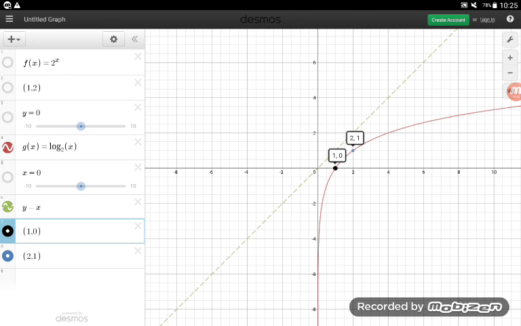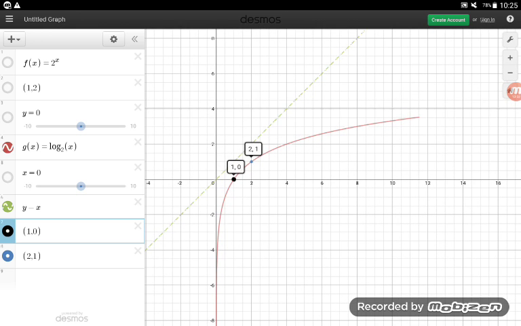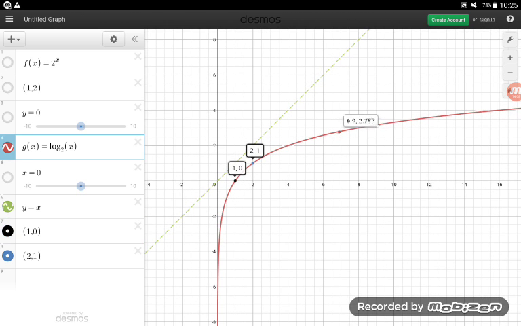If I move this to the right, if I go towards the right hand side of the graph, I can keep on going to the right, and my y will increase slowly, right? But it's just going to keep on increasing.